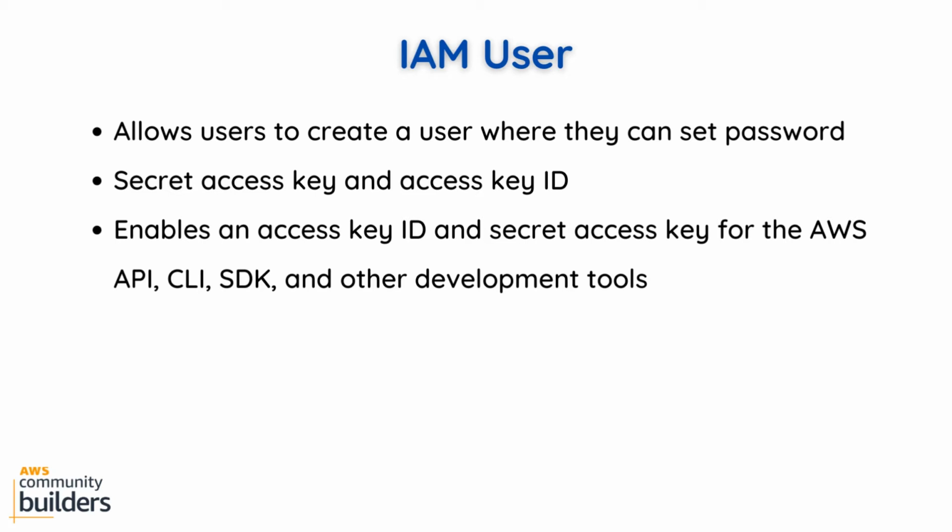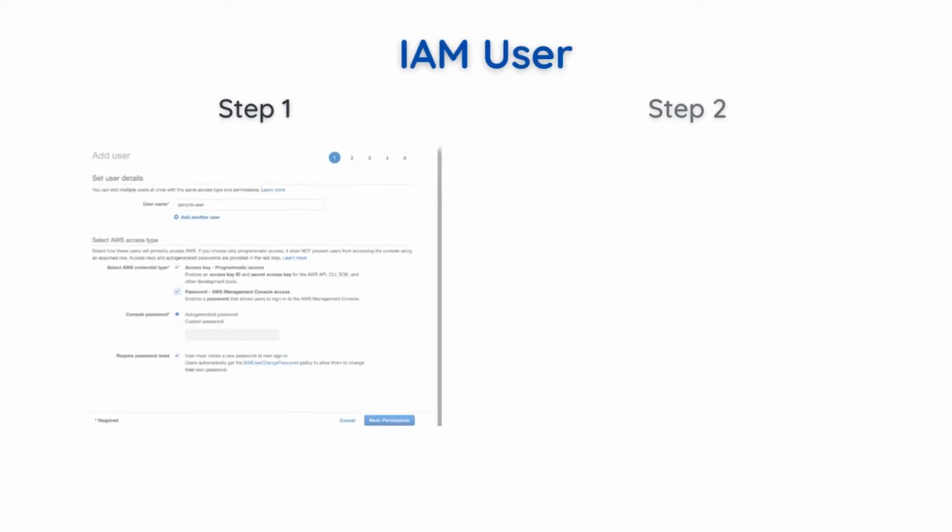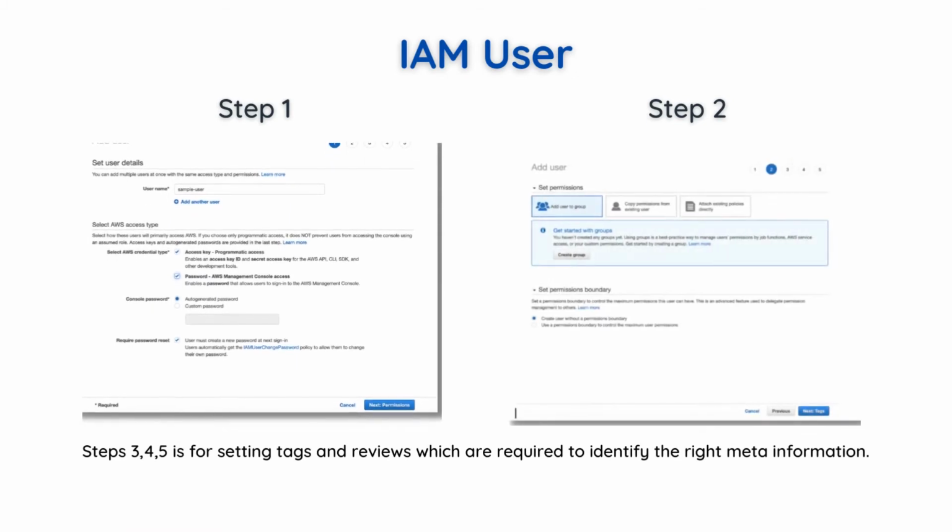Once you lose the secret key and access key, you can't recover the same one; you need to regenerate it. I will cover how to use the secret key and access key in another session along with the AWS CLI.